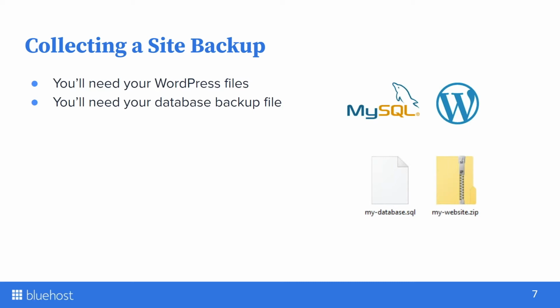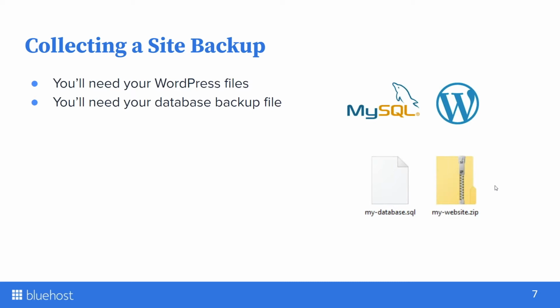Your WordPress files are the critical files that your website needs in order to function. Without these, your website just won't function. And your database backup file contains the sensitive data that is stored on your website.